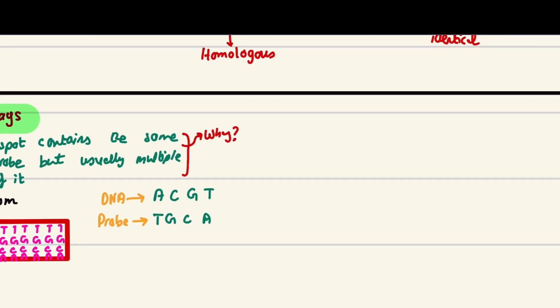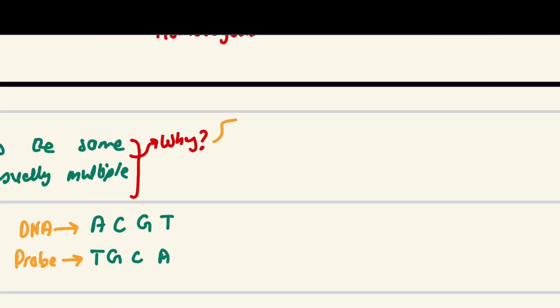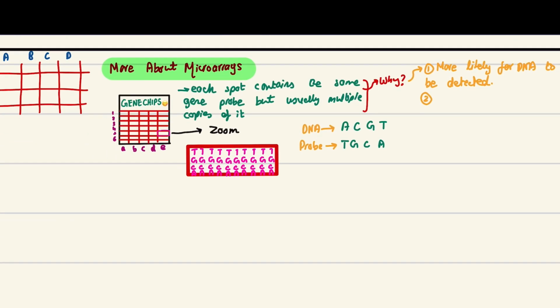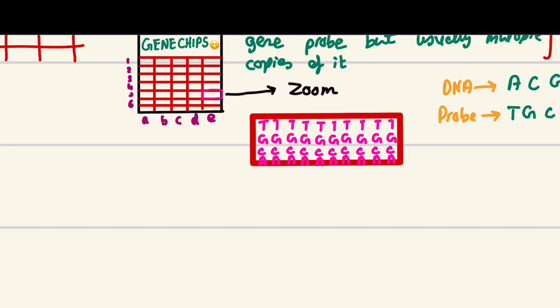Let's talk about it. The first is that it makes it more likely for DNA to be detected. Guys, let's think about this in terms of cricket. Actually, let's even leave cricket.